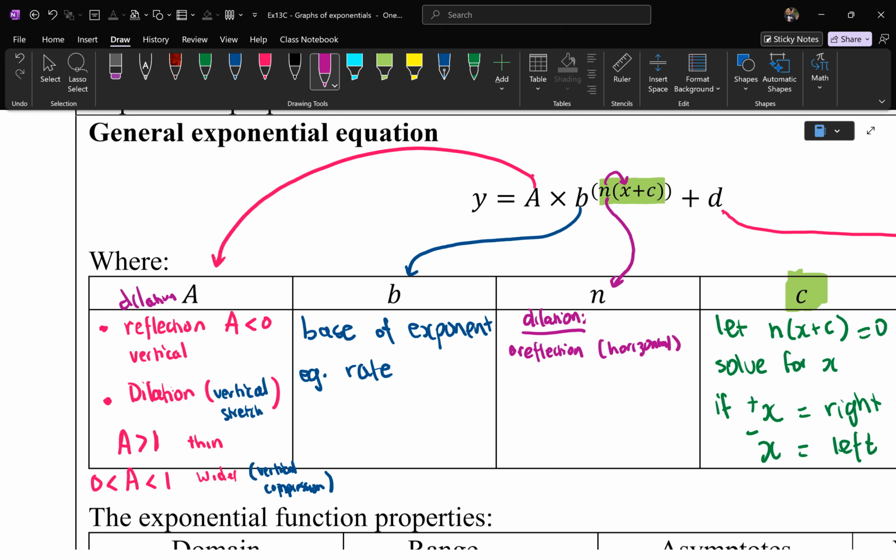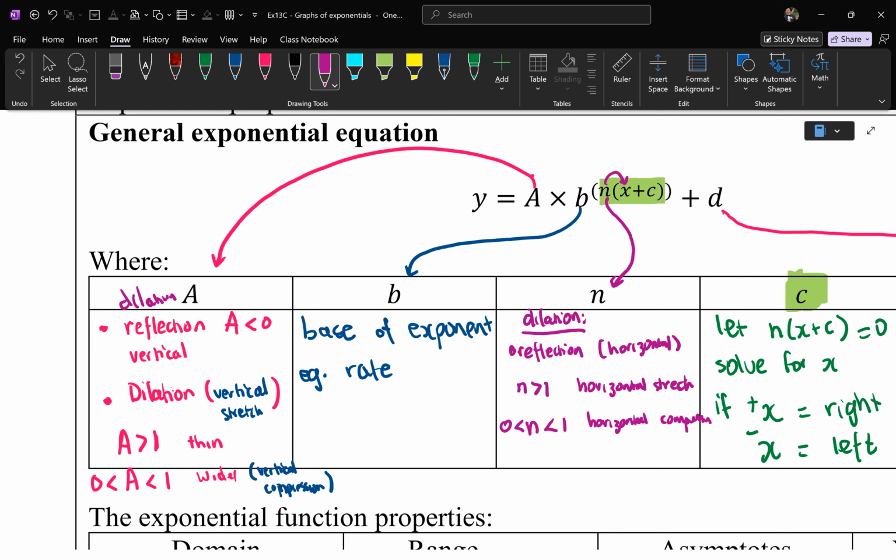It's a horizontal reflection, and by the same idea again, if n is bigger than 1, it becomes a horizontal stretch. This is a horizontal stretch. The larger it is, the more it moves away from the y-axis, the more you stretch horizontally. If n is between 0 and 1, so it's a fraction or decimal, just like A, this becomes a horizontal compression.